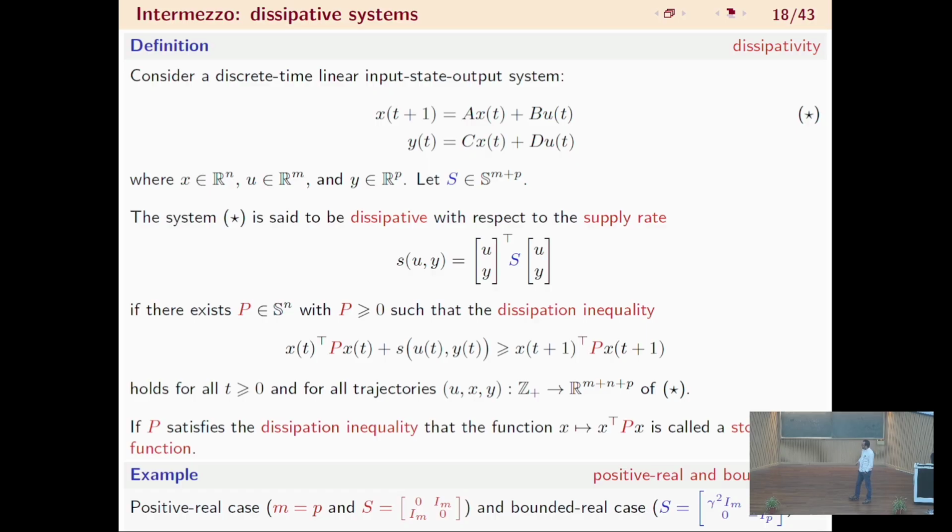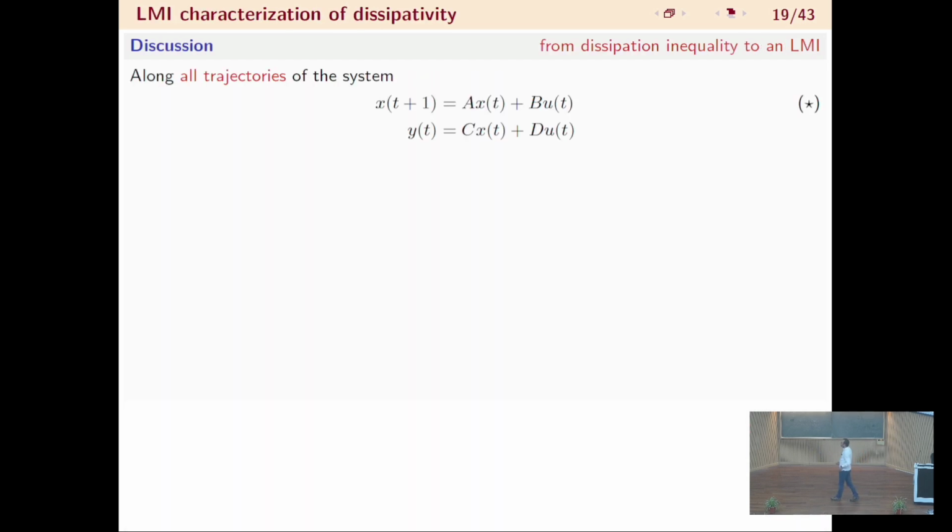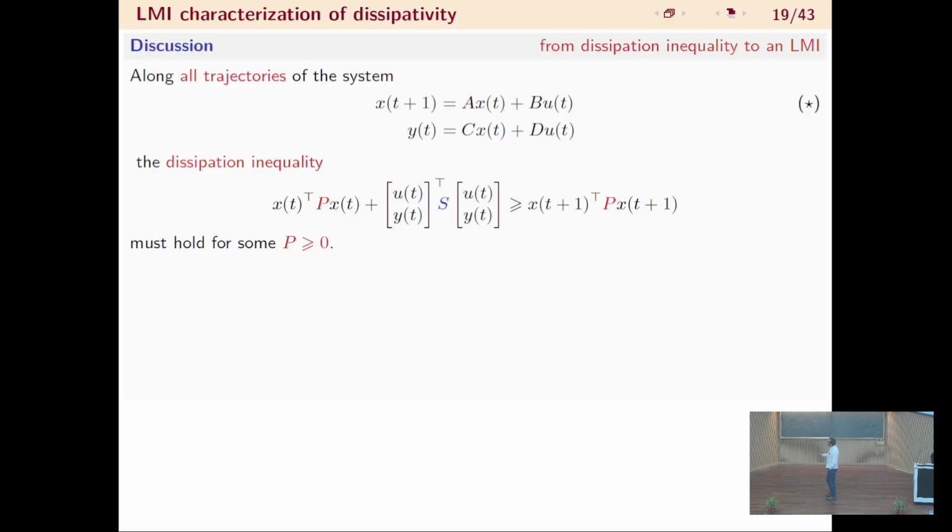Well, obviously, this is not easily verifiable because I need to parameterize all trajectories, or I need to test it for all trajectories. But I know a parameterization of all trajectories, so I can use that. Indeed, if I now look at the dissipation inequality, this is the energy stored at time t, this is the energy stored at time t plus 1, and I have this supply in between.